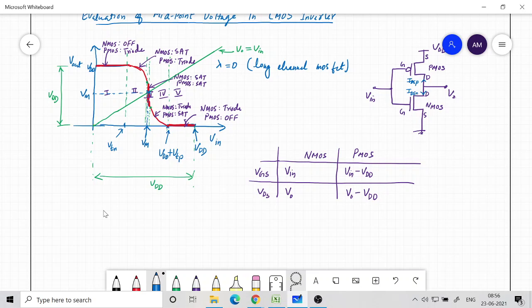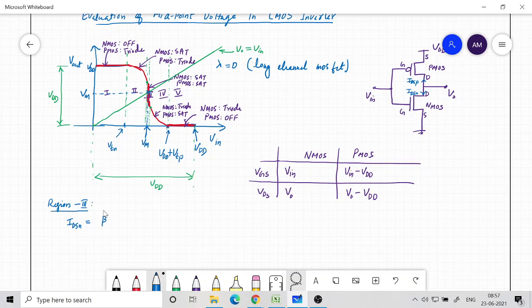And similarly downward we have IDSN, which is the drain to source current of the NMOS transistor. We are taking region 3, because this line is going to meet in region 3, where both are in saturation.